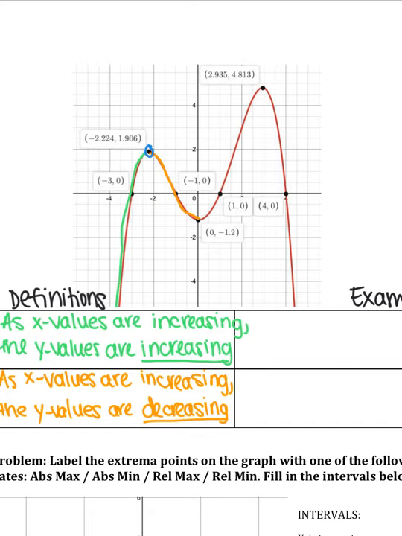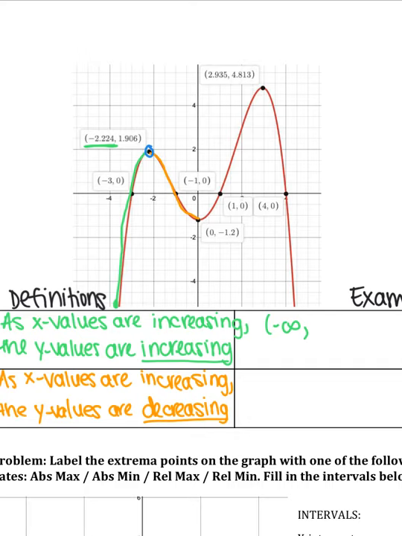So let's write these first two intervals. This first interval of increasing starts all the way to the left and it doesn't really stop, so it would start at negative infinity and it would go all the way up to this x value. The reason we're going to use the x values is because we already know what the y values are doing. They're going up, but we want to know for what part of the graph they're going up.